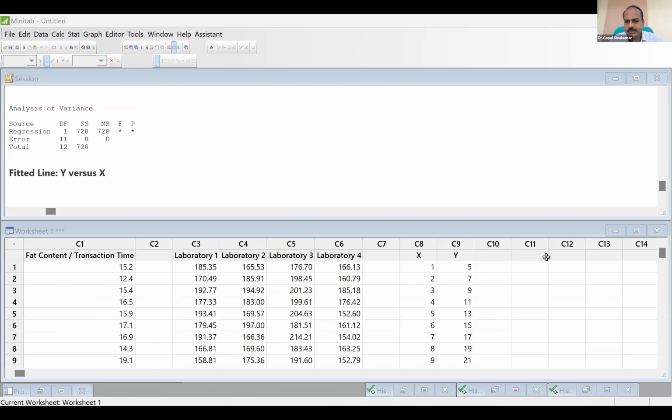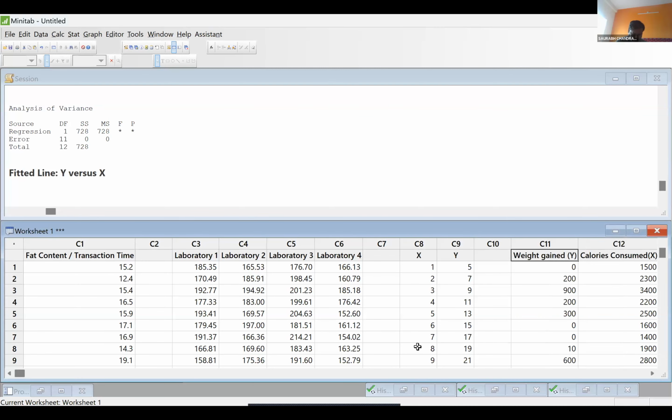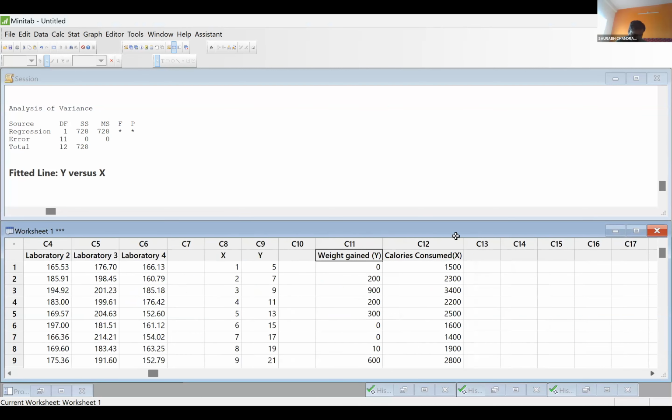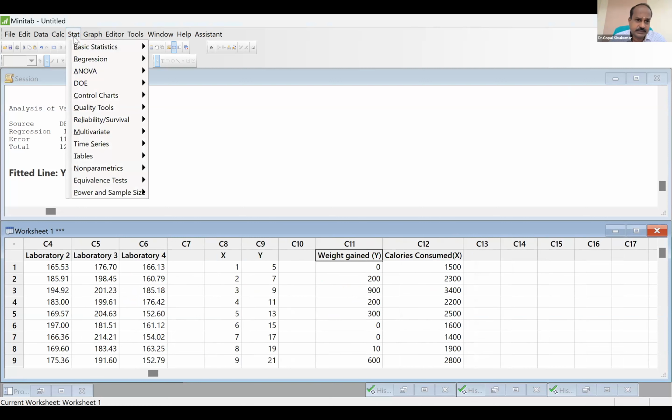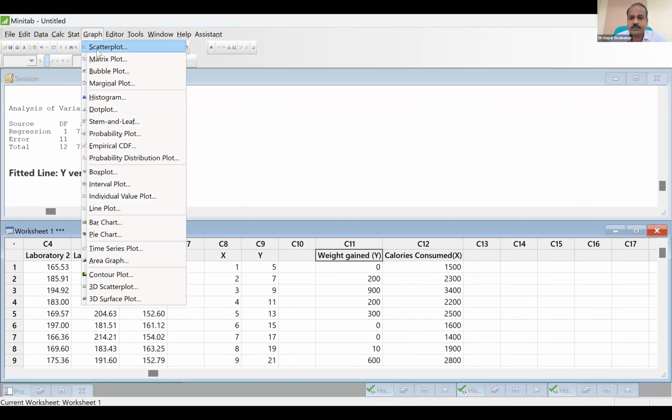So I'm sharing the Minitab screen now. You can see Minitab. Now I'm pasting that information here in column 11 and 12. And now first, let me show you the scatter diagram. Graph, scatter plot.